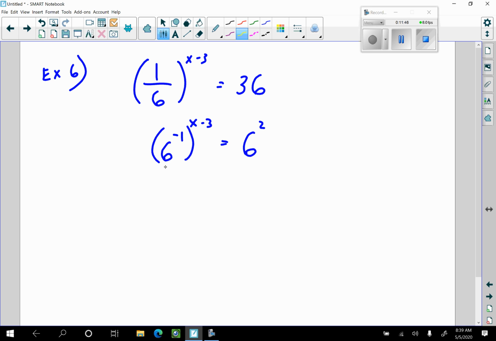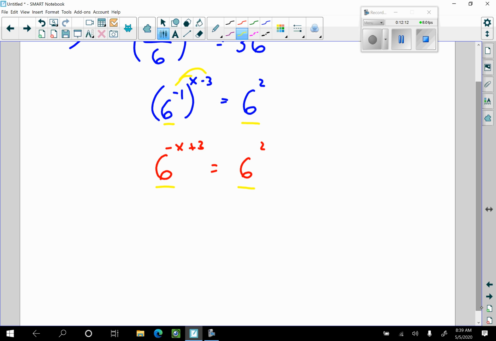Now I have like bases. I'm going to use the power to a power rule and multiply these exponents. Negative x plus 3, use the distributive property, negative 1 times x, negative 1 times negative 3. So that's going to equal 6 squared. Now I do indeed have my like bases.